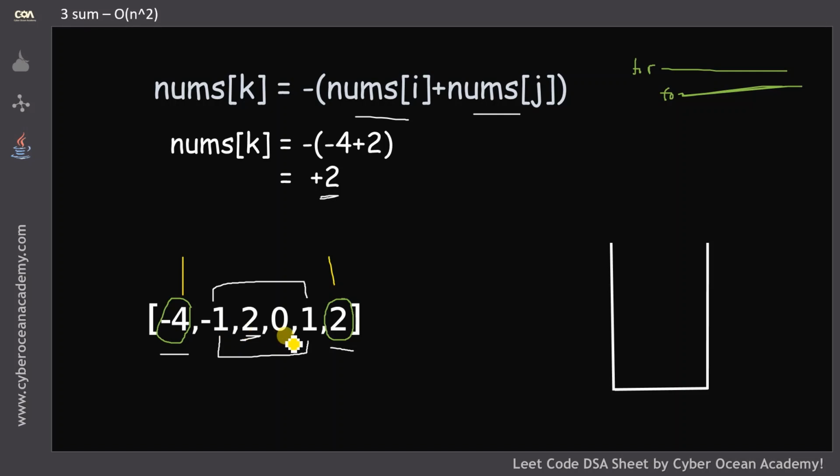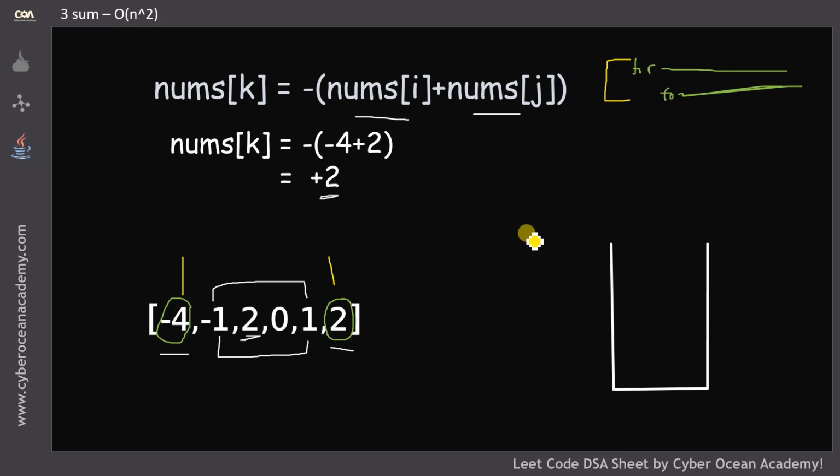Since the contains method of the hash set data structure in Java, if you use a hash set instead of a tree set, will take order of one time. If you use a tree set, it will take order of log n time. Since we have to maintain the time complexity at order of n square, and we are already using two for loops, the time complexity is already order of n square.